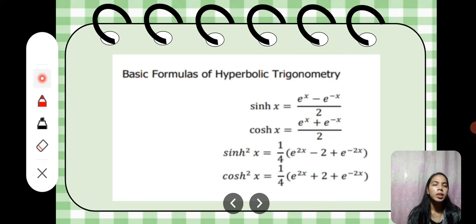And last is hyperbolic cosine squared x is equal to 1/4 times e to the power of 2x plus 2 plus e to the power of negative 2x.